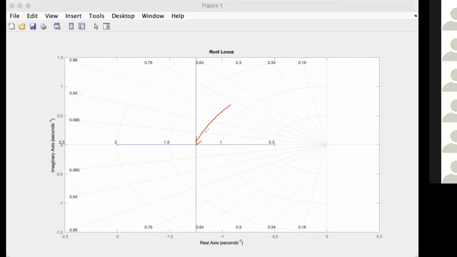Farhan. Breakaway. Breakaway berapa nilai dia? Minus 1.24.